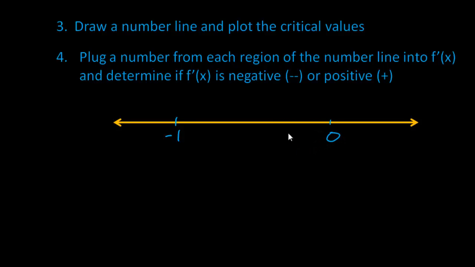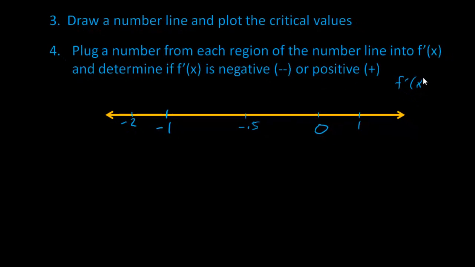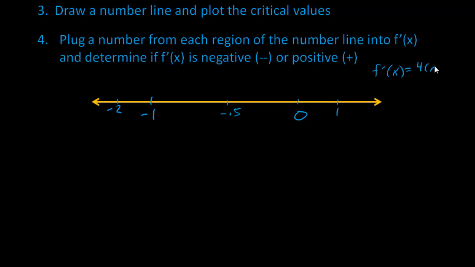So now we're going to take a number from each region, pick a number from the number line, sorry. So like -2, how about -0.5 and 1? Those work. And you're going to plug them into the first derivative. Again, let me remind you that the first derivative is 4x plus 1 over 3x to the 2/3.